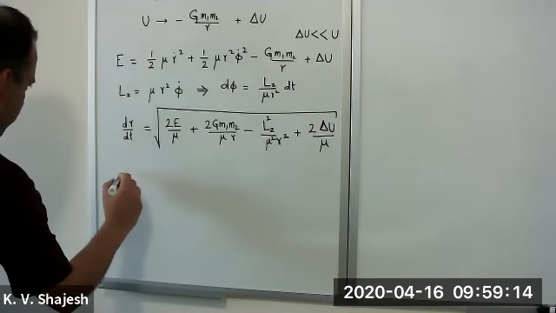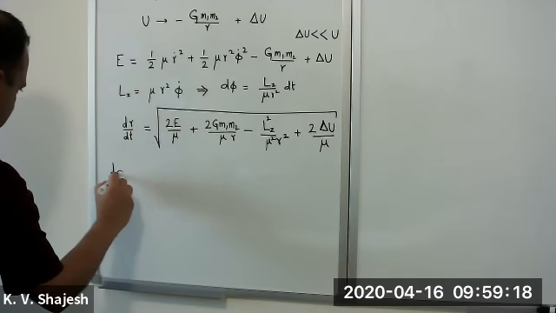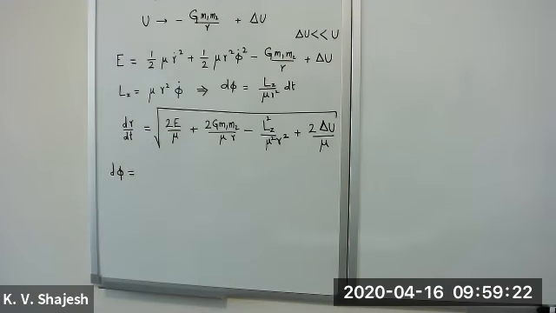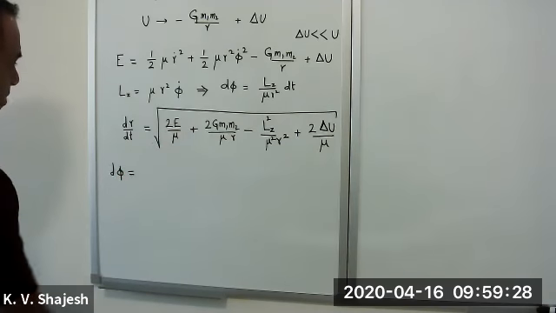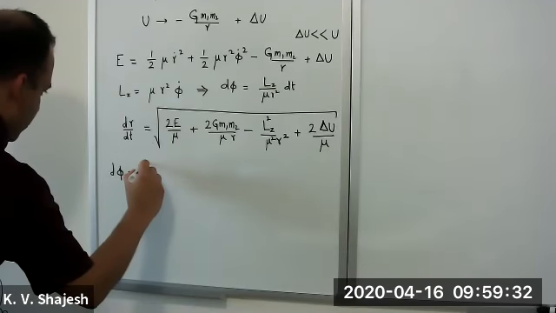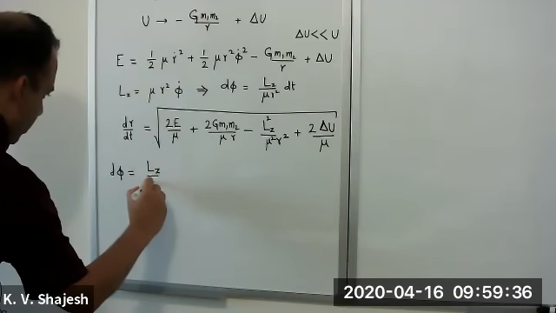so let's say d phi is equal to Lz over mu r square, but then I introduce the mu inside. So I have Lz dr, Lz over r square.